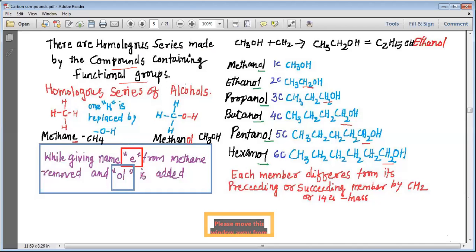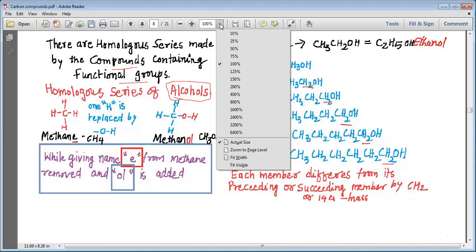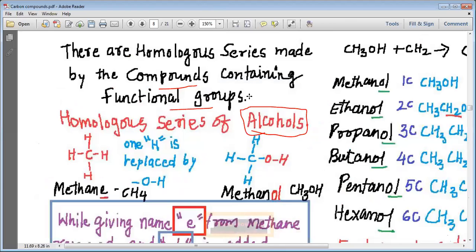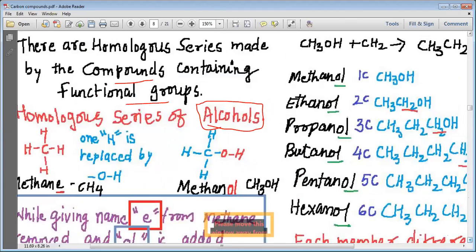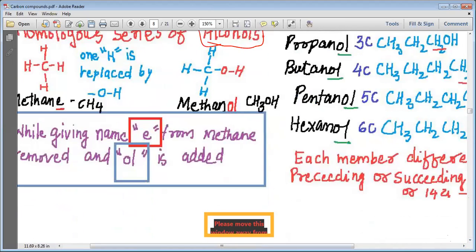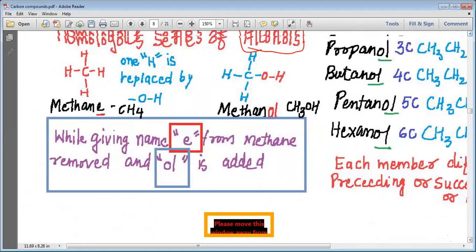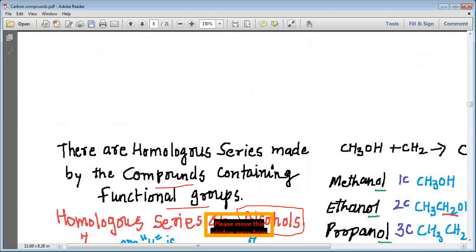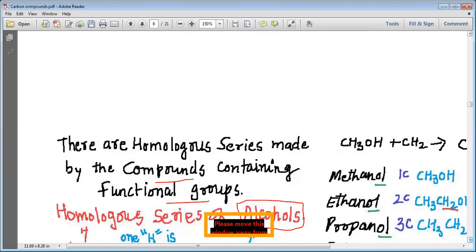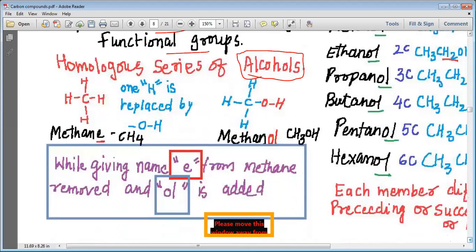The homologous series we are going to study today is the homologous series for the alcohols. Let's pay attention to the nomenclature of the alcohols.